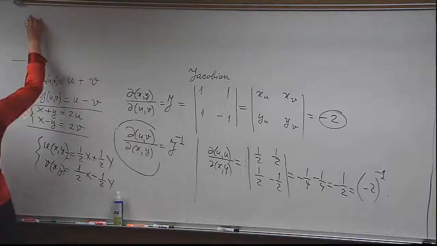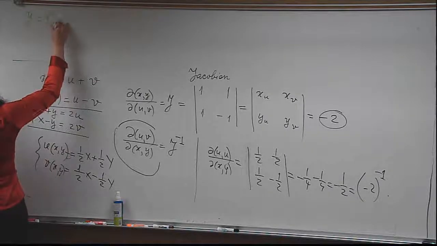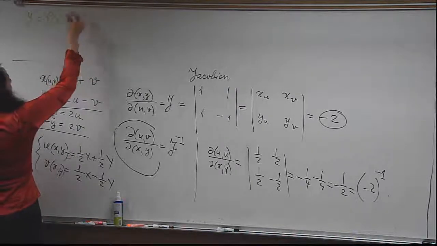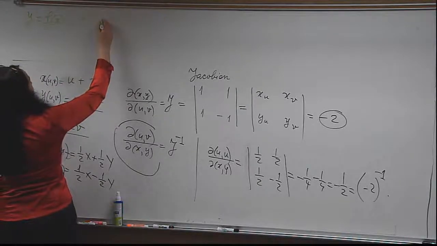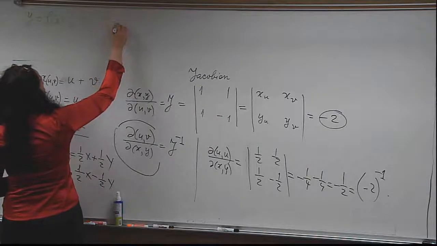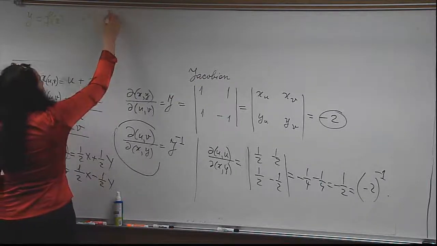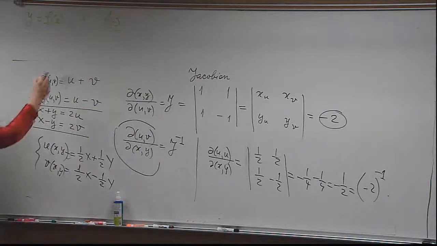If you have a function y equals f of x, assume this is a C1 function and everything is nice, and then f prime of x exists and is continuous everywhere. That's what it means, C1. And you want to invert this function around a point x0.